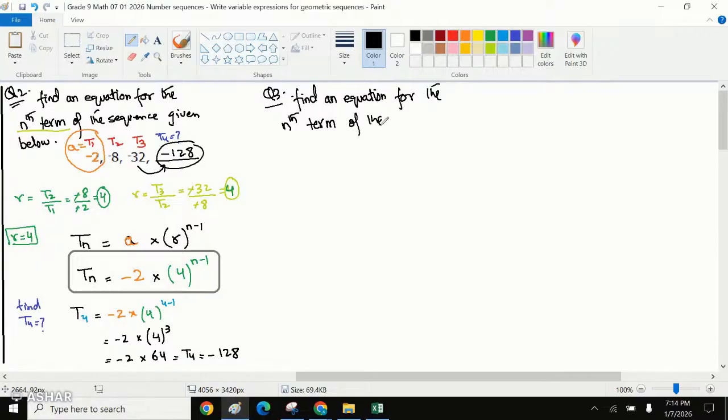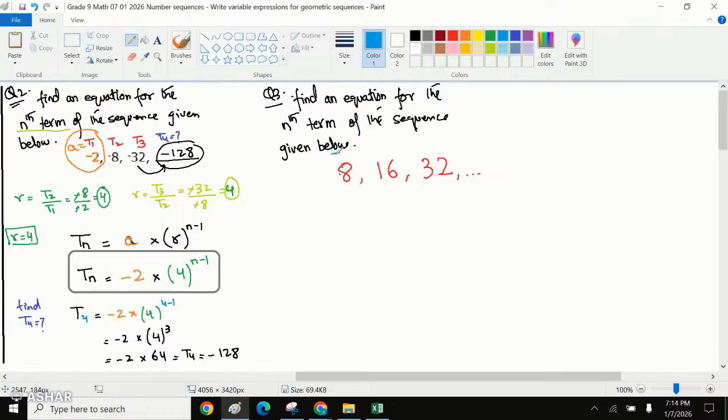Of the geometric sequence given below. The terms given were 8, 16, and 32. Okay, and we show a continuation over here because the sequence is continued.